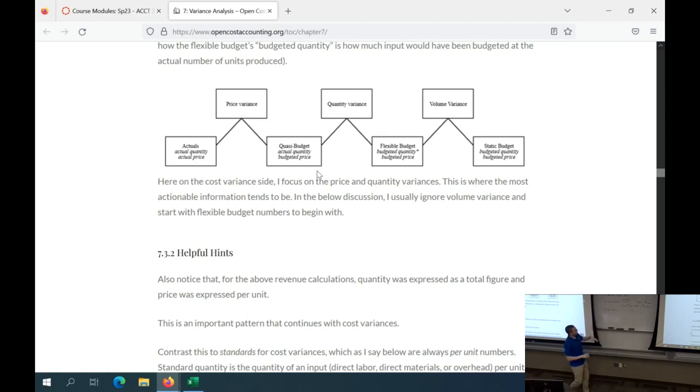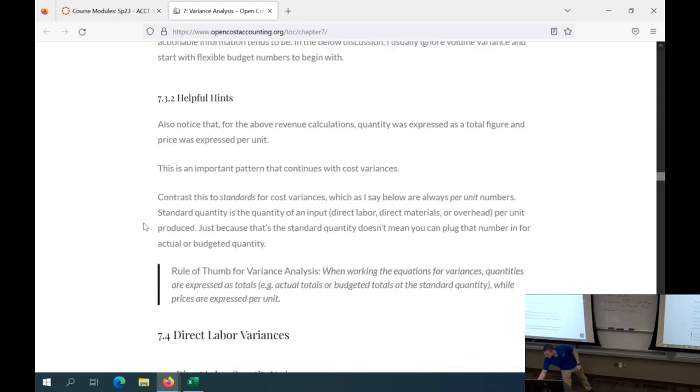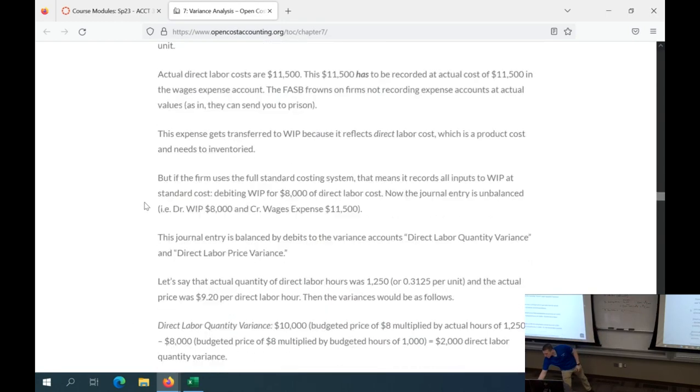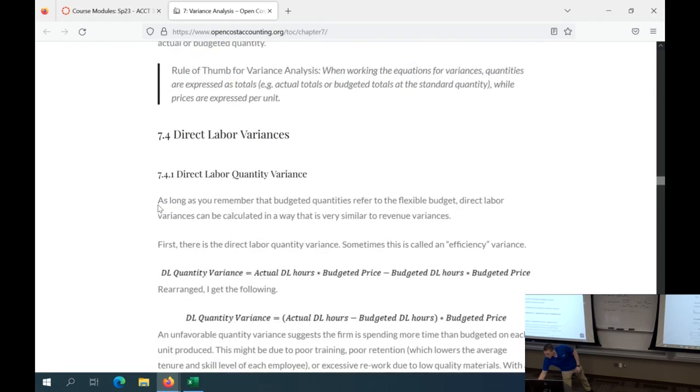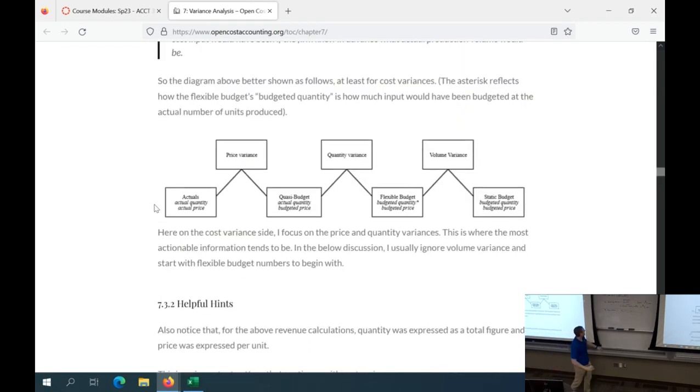Okay, so now let's talk about direct labor price variance. So it's price, we're going to be comparing the actual amount minus the quasi-budget amount. Now the actual amount we know is 11.5? That's what it was? Pretty sure that's the number. Yeah, 11.5. In my head I was thinking it might be 12.5. 11,500 minus the quasi-budget, which we already solved for right here.